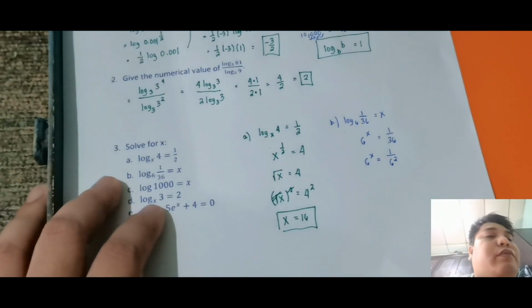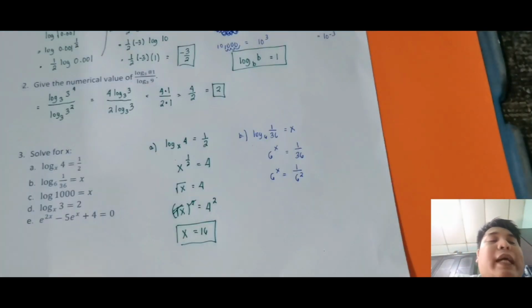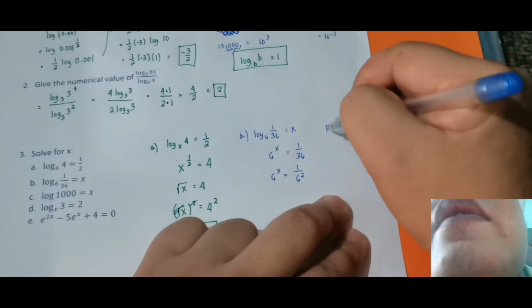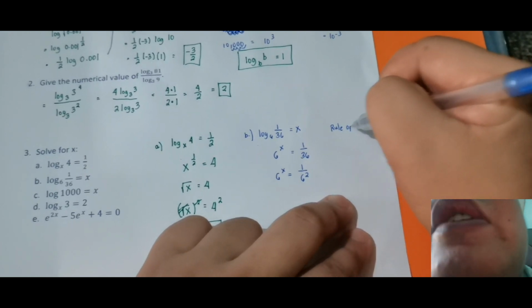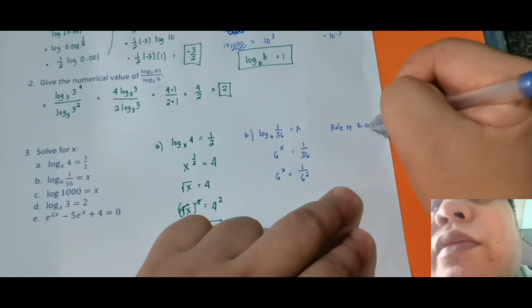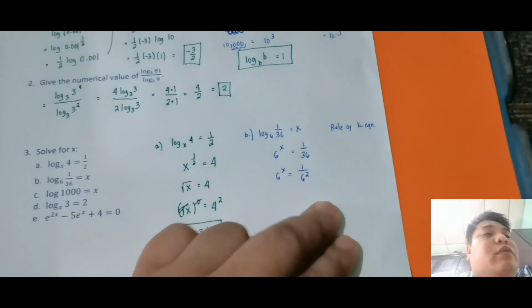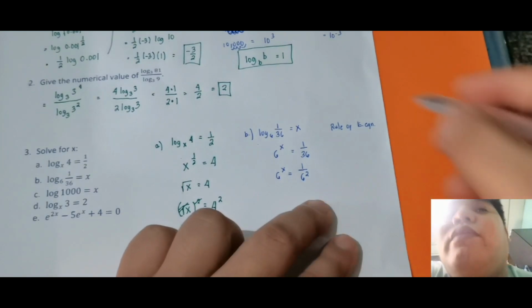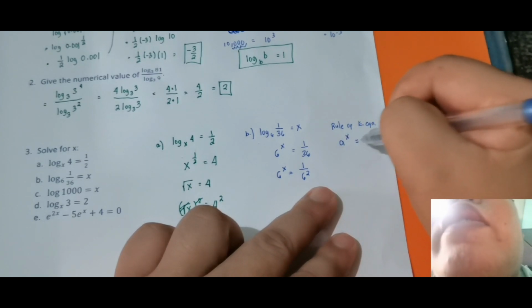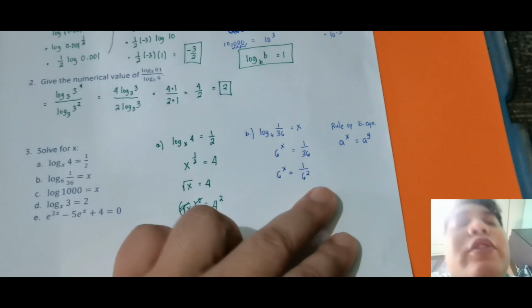Ngayon, may rule ang exponential function. So again, may rule ang exponential function. So whenever meron tayong same base, so again, rule of exponential equation. So whenever meron akong a raised to x at meron akong a raised to y, ano ibig sabihin nun?